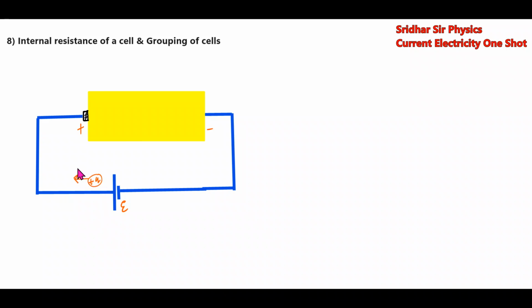The cell, there's a resistor R there. There's a cell, it will send out the charge.